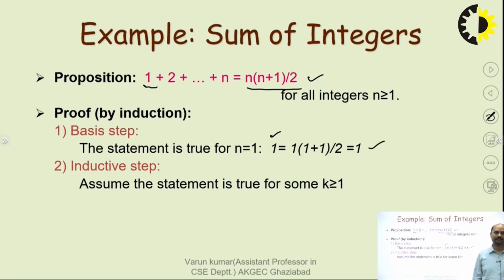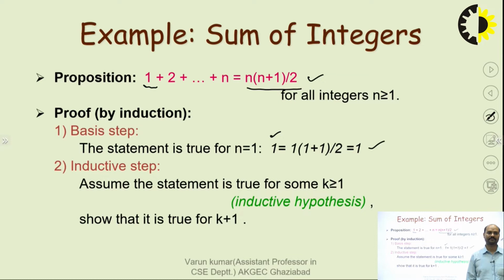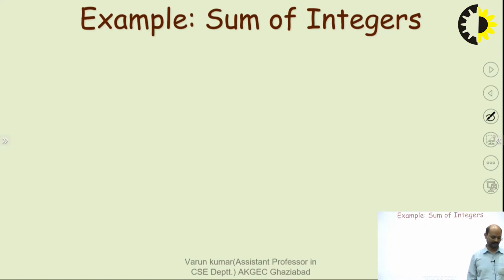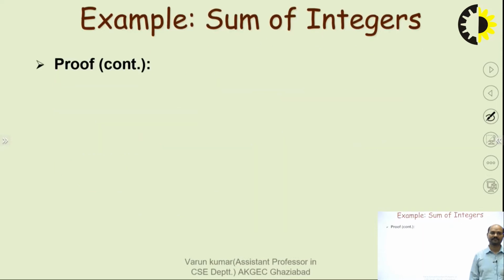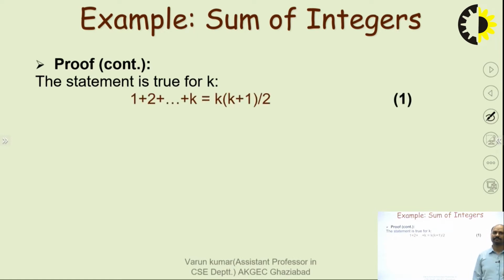Okay, now the inductive step. We assume that our predicate function is true for k greater than or equal to 1. So we have to show that it is also true for P(k+1). Let's prove it. If the statement is true for k, it means 1 + 2 + ... + k equals k(k+1)/2.